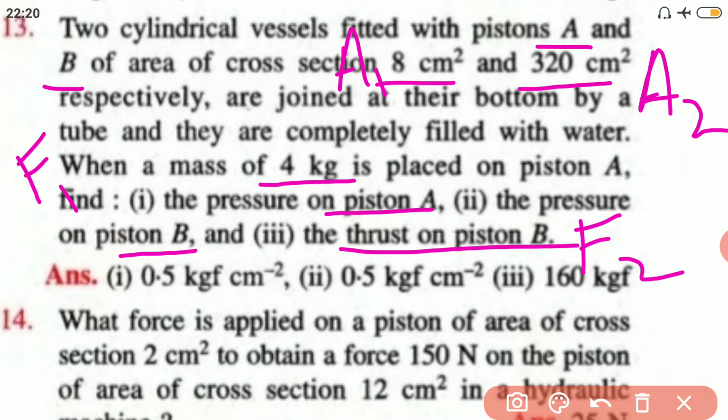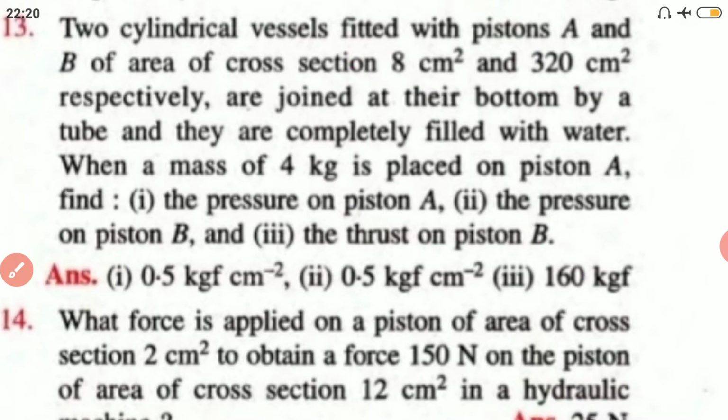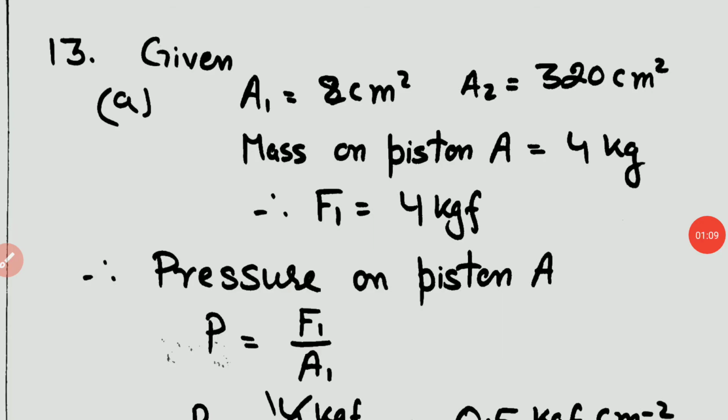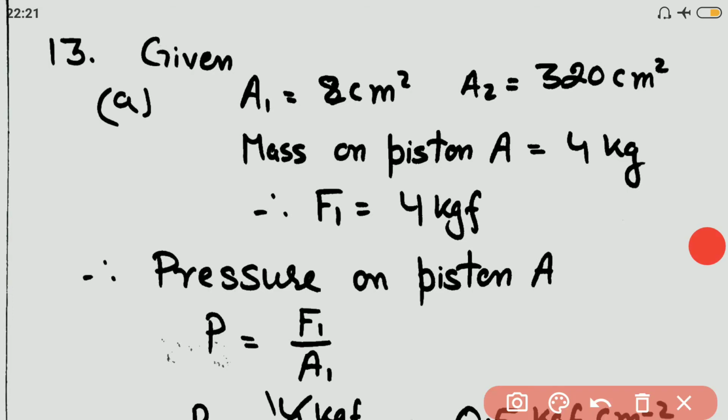A slightly different problem because here they are asking us pressure. So let us try to solve this. Coming to the solution of number 13, given the first area, that is the smaller area, A1 equals 8 cm square, and the larger area of piston B is 320 cm square.